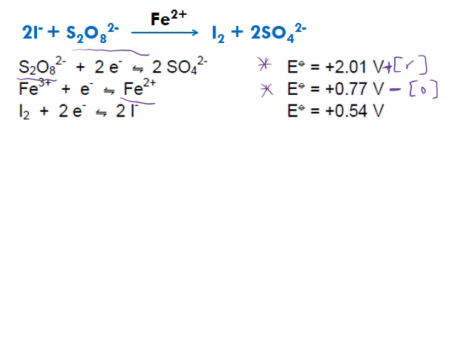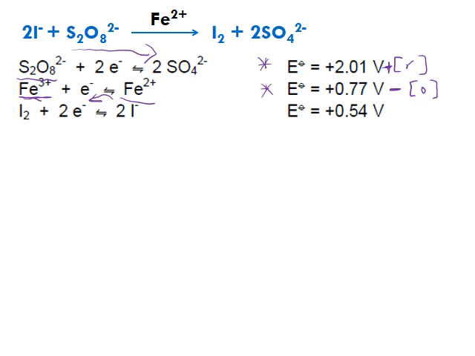So we want the S2O8 2- to be reduced. We want the Fe2+ to be oxidized. So that's going to happen. I can work out E cell in a second, but this is going to make sense, and we're going to form one of the products in this first stage, and then we're also going to form Fe3+, which is an intermediate.